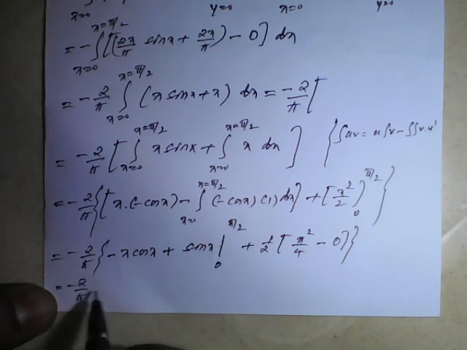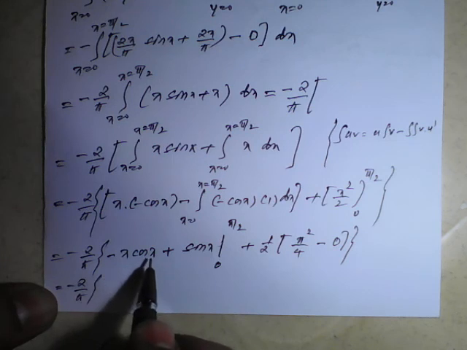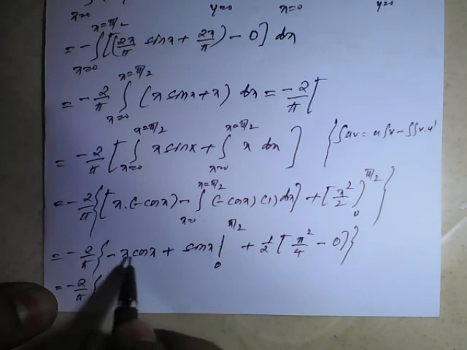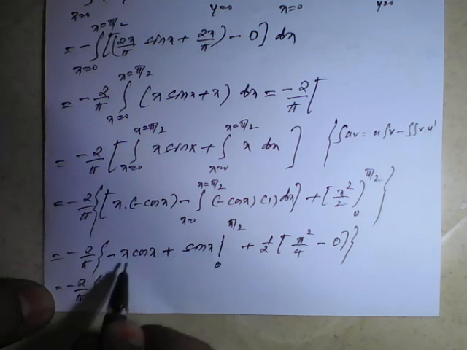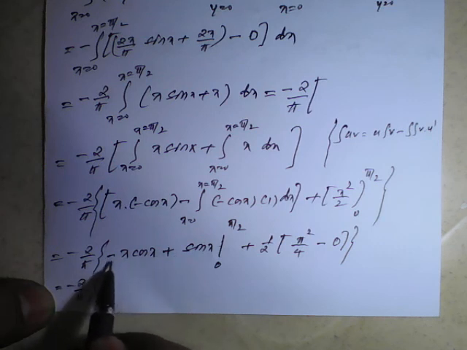Minus 2 upon pi. So apply the upper limit: cos of pi by 2 is 0, and 0 into this complete result is 0. So the upper limit for the first term will be 0. If you apply pi by 2, cos pi by 2 is 0, 0 into pi by 2 is again 0.